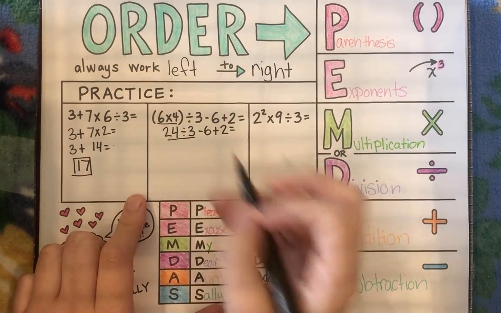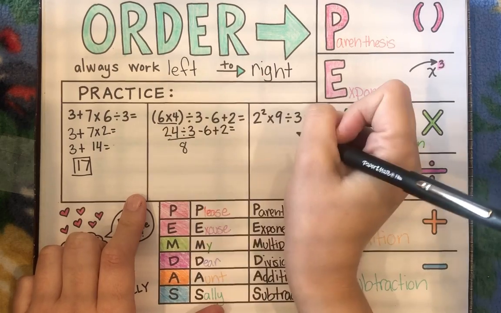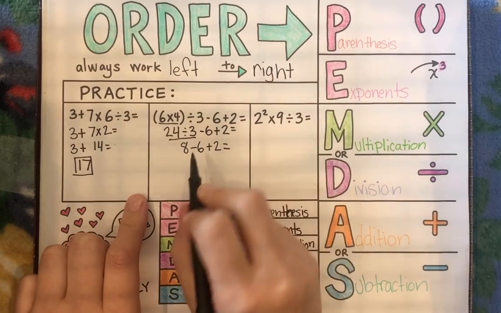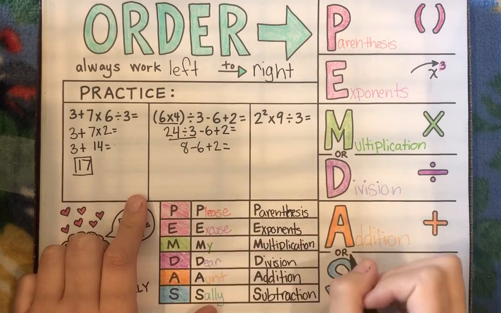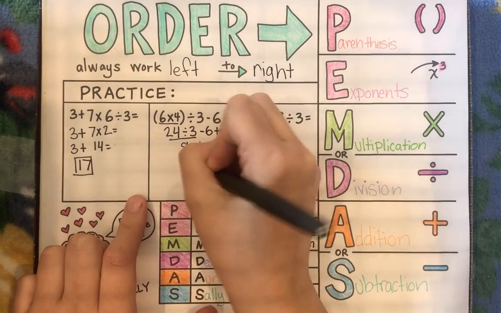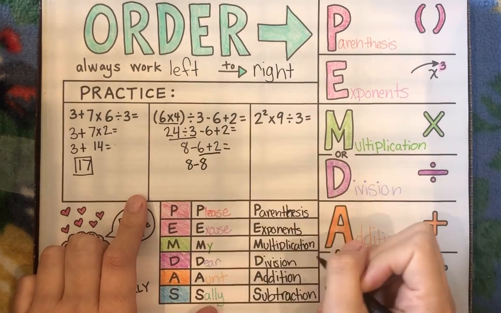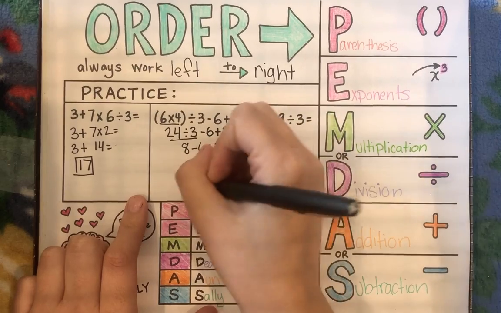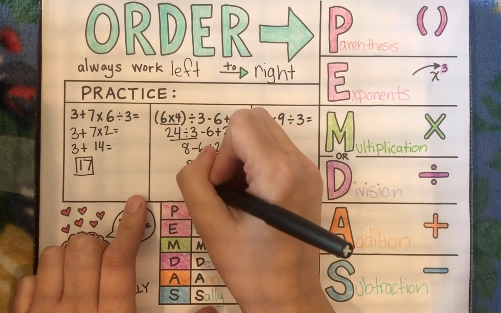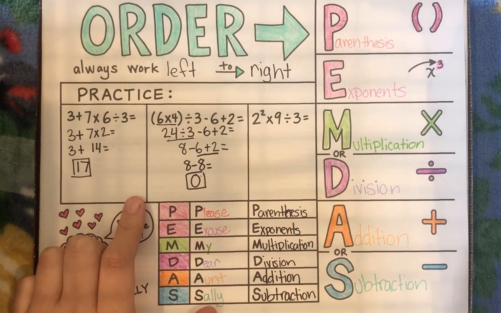So 24 divided by 3 is 8. Then we can do our addition. Our 6 plus 2 gives us 8. And then our subtraction gives us 0.